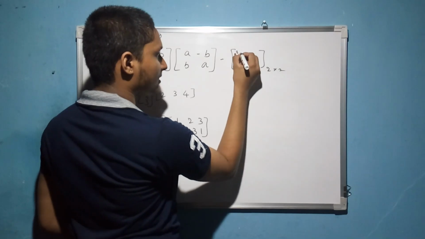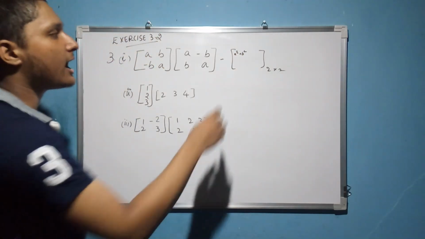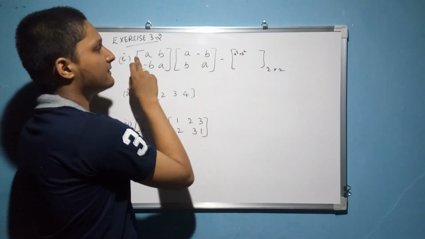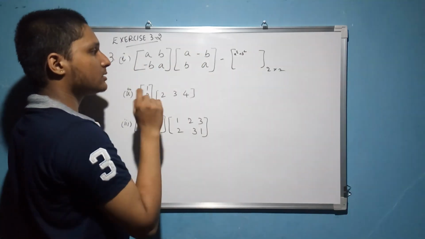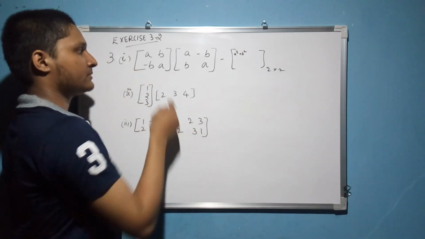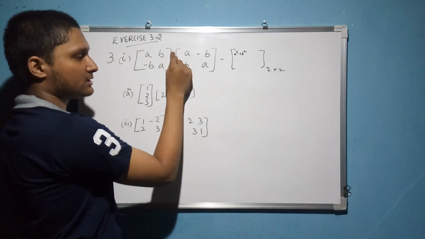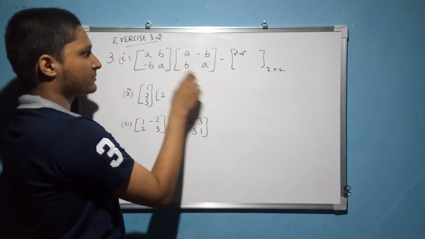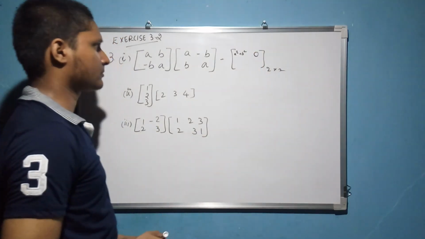So that is going to be A square plus B square. Here you have the first row and the second column, that is A into minus B, that is minus AB, and B into A. This is the second column, this is the first column, right? So this is B into A. Minus AB and plus AB is going to be 0.